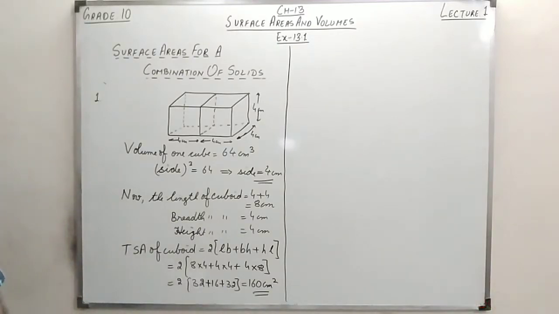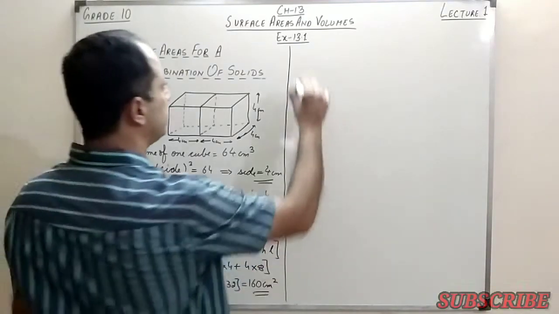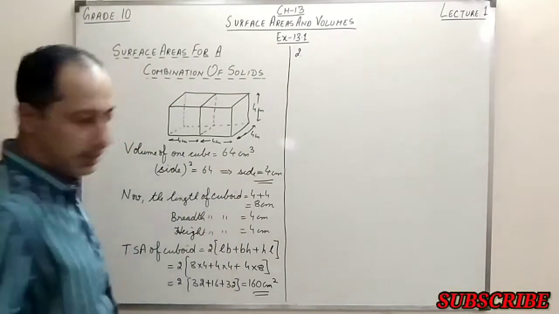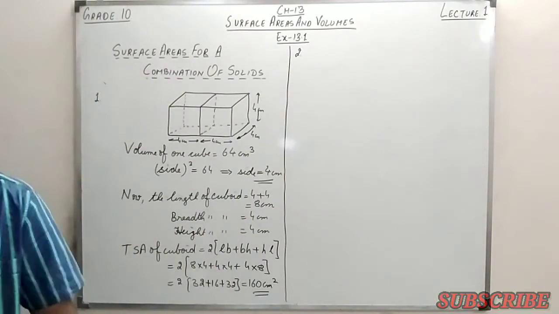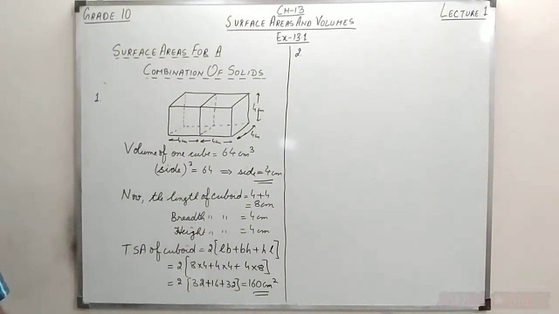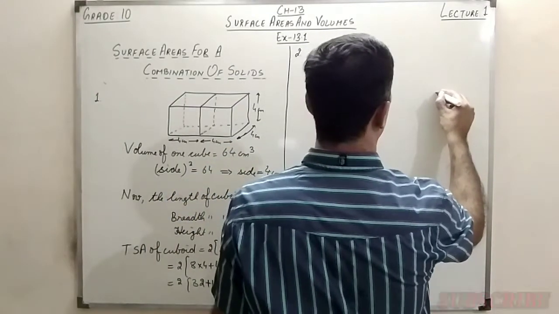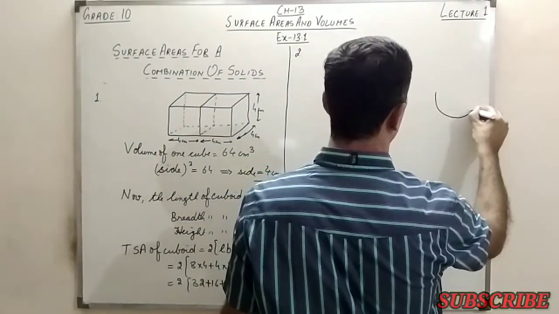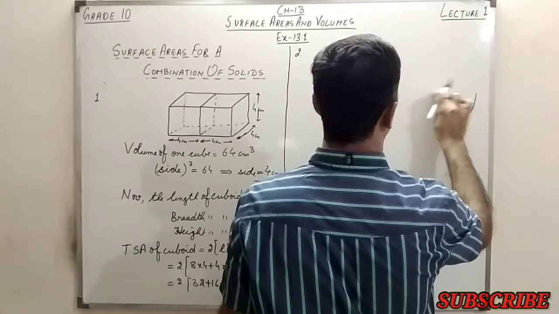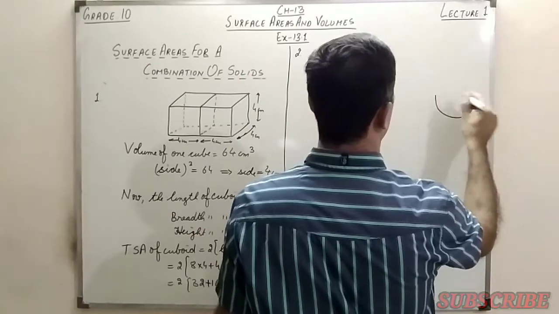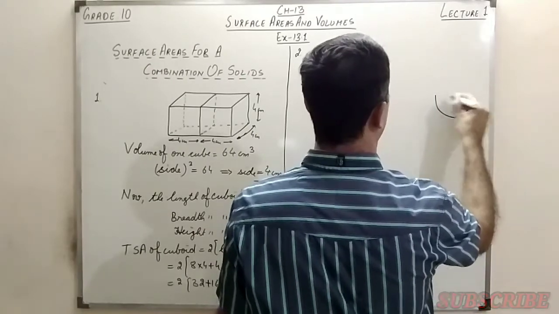Let's go to the next question. Question number 2. It is given that a vessel is in the form of a hollow hemisphere mounted by a hollow cylinder. So what we have basically, we have a hollow hemisphere. So this is the hemisphere we have.